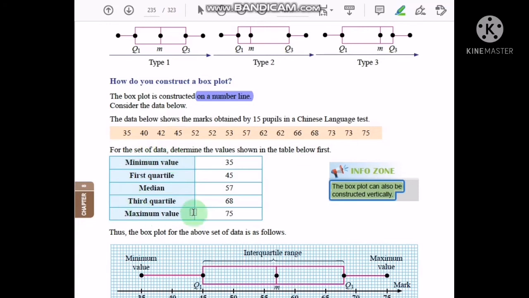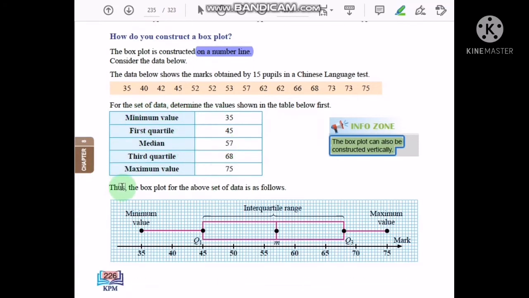After you identify the value for each of these five, then you can draw the box plot.